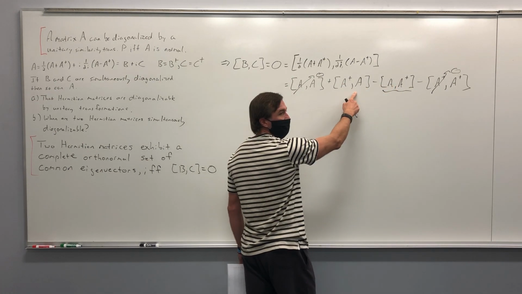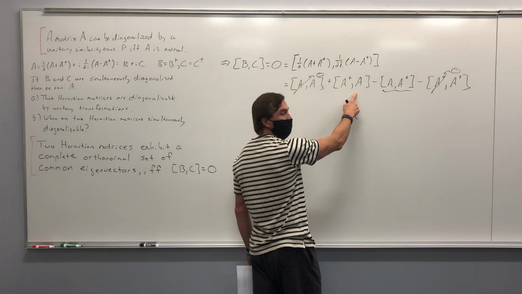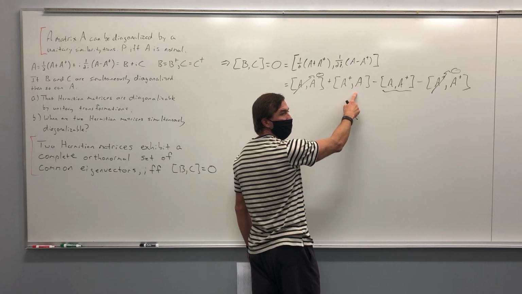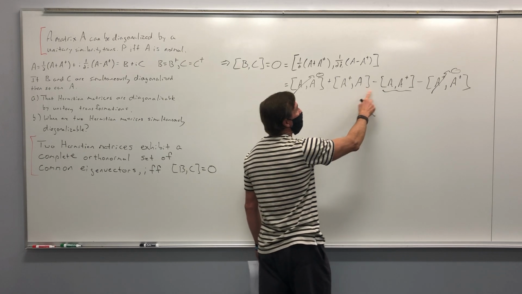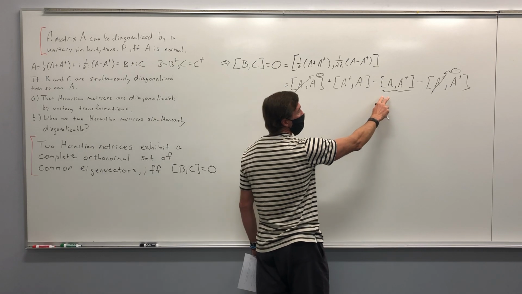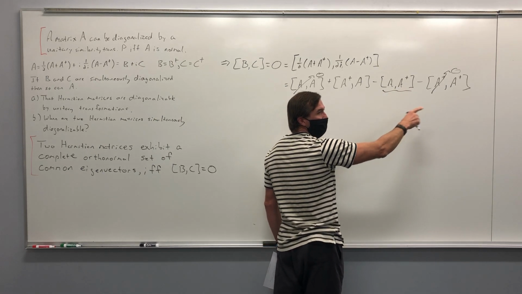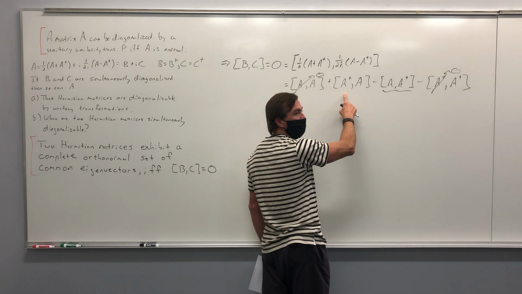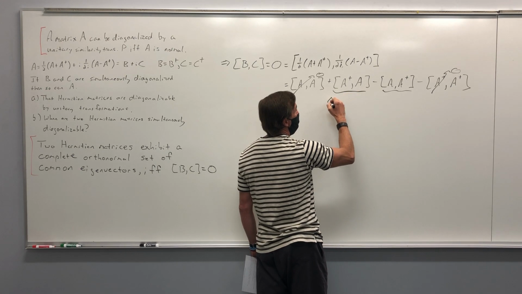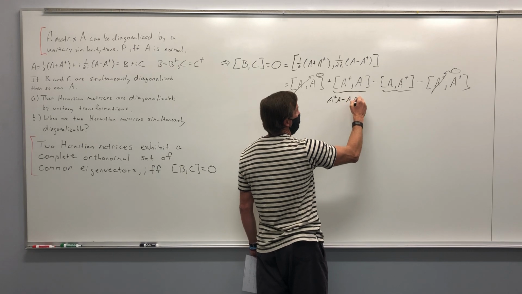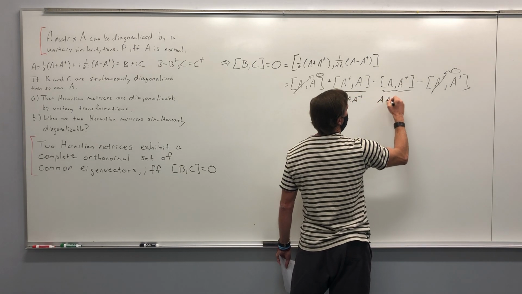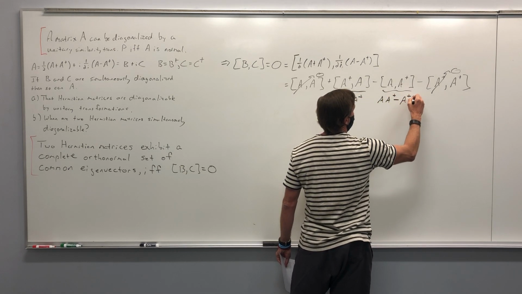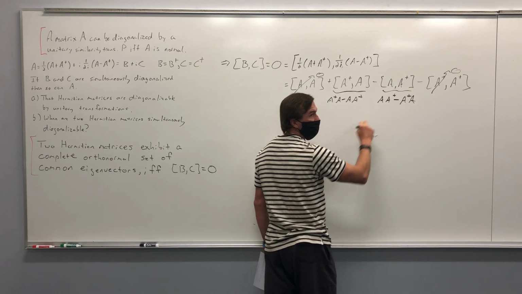How is this related to this? It's the complex conjugate of the... well, actually, you don't have to complex conjugate. This is A dagger A minus A A dagger. This is A A dagger minus A dagger A. How is this related to this?